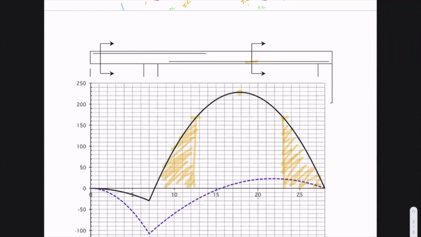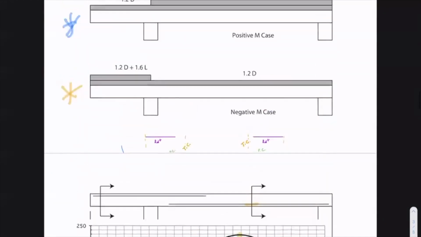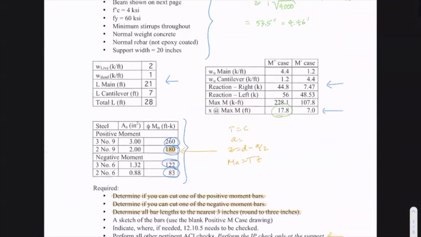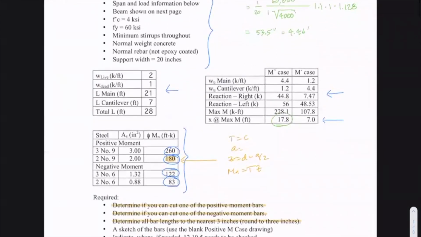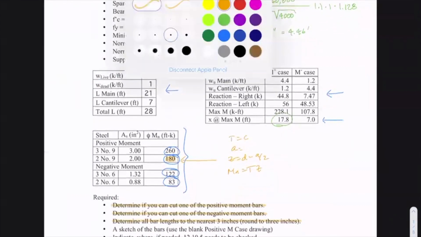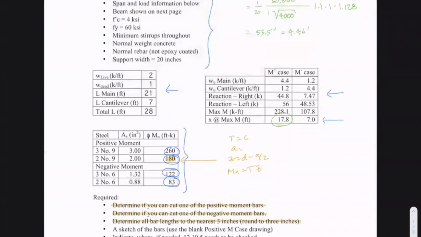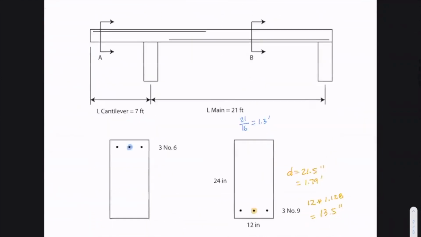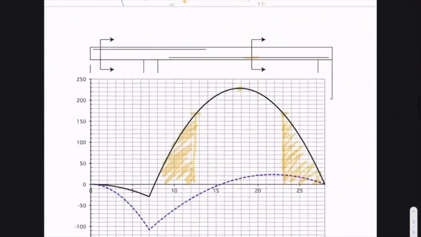Similarly, you have 3 negative bars, and when you cut one out, the capacity goes from 122 down to 83. So anywhere the negative moment is less than 83, you don't need that third bar.